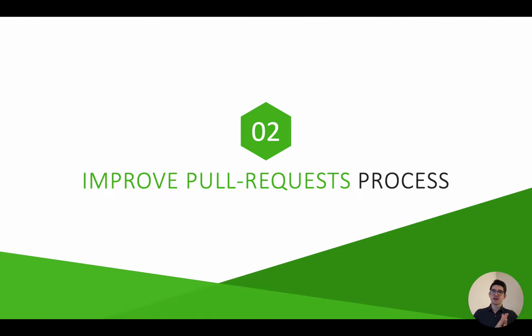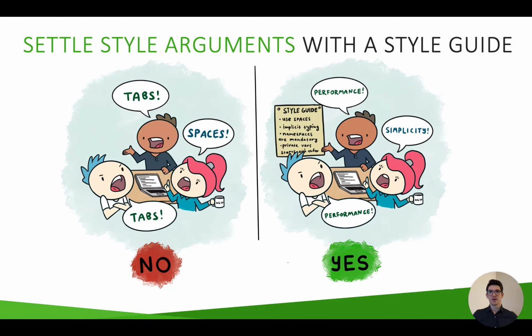So let's jump first into overall general improvements for the pull request process. First of all, I highly recommend you settle style arguments with a style guide. Arguments about style are a waste of time in reviews. Consistent style is certainly very important, but a code review is not the time to bicker about where to put the curly braces and whether to use tabs or spaces.